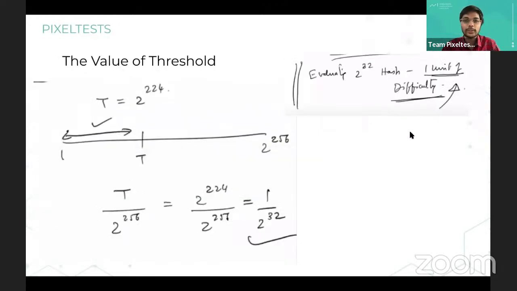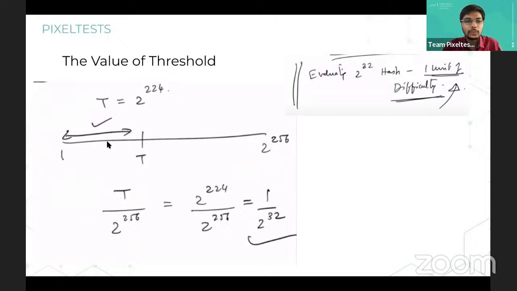Okay, now the value of the threshold. The hash value could be from, let's say, 1 to 2 to the power 256. For example, in the 32 people in the classroom example, 2 was the threshold, and 32 people was the max number of favorable cases, right?